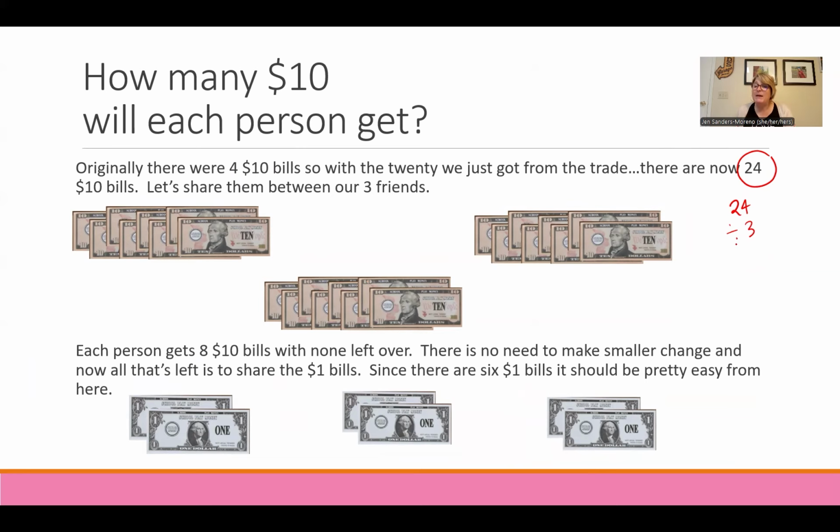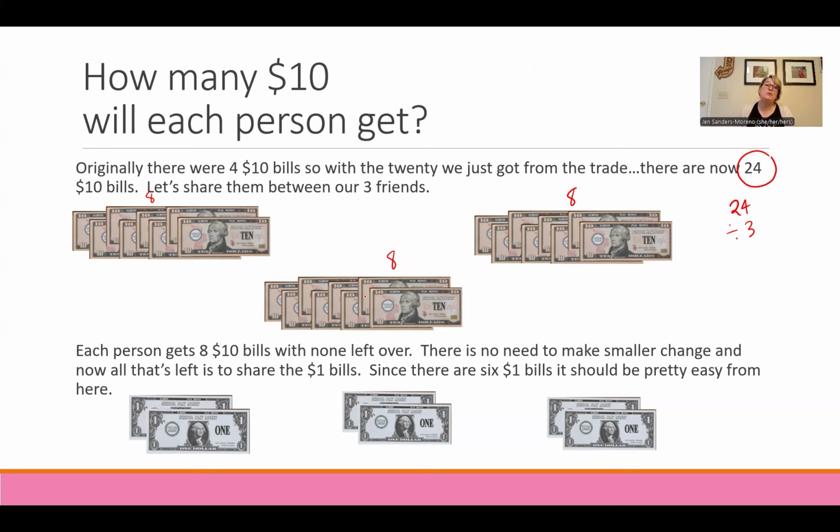So 24 divided by 3, that's one of our math facts that each person would get 8. Otherwise, we could sit and count them out, but that might take a while, right? Yeah, I don't feel like doing that. So if everybody's in agreement, 24 divides evenly, in fact, exactly, and we get 8 for each friend, and there are no $10 bills left over.